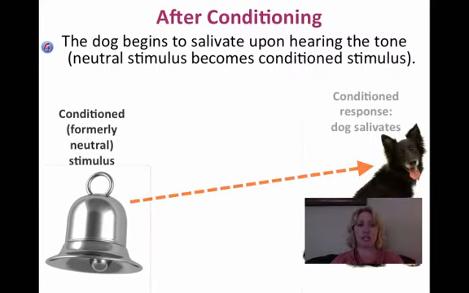After conditioning, the dog begins to salivate upon hearing the tone, because our neutral stimulus becomes our conditioned stimulus. This is a really important thing to remember: the neutral stimulus becomes the conditioned stimulus. Now after conditioning, we don't even need the food anymore. All we need is the bell. We ring the bell, which is now our conditioned stimulus, and the dog salivates, our conditioned response, our learned response.